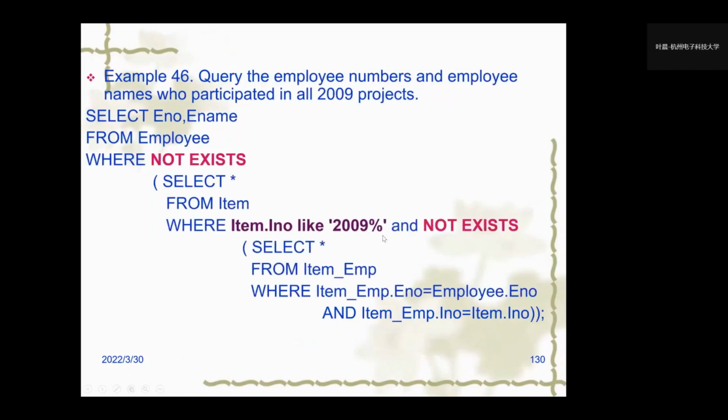And let's see another example. If we want to query the employee numbers and employee names who participate in all the 2009 projects, we can also use these two not exists. For the subquery, it is similar. We can just select all the information where the employee participates in these items.